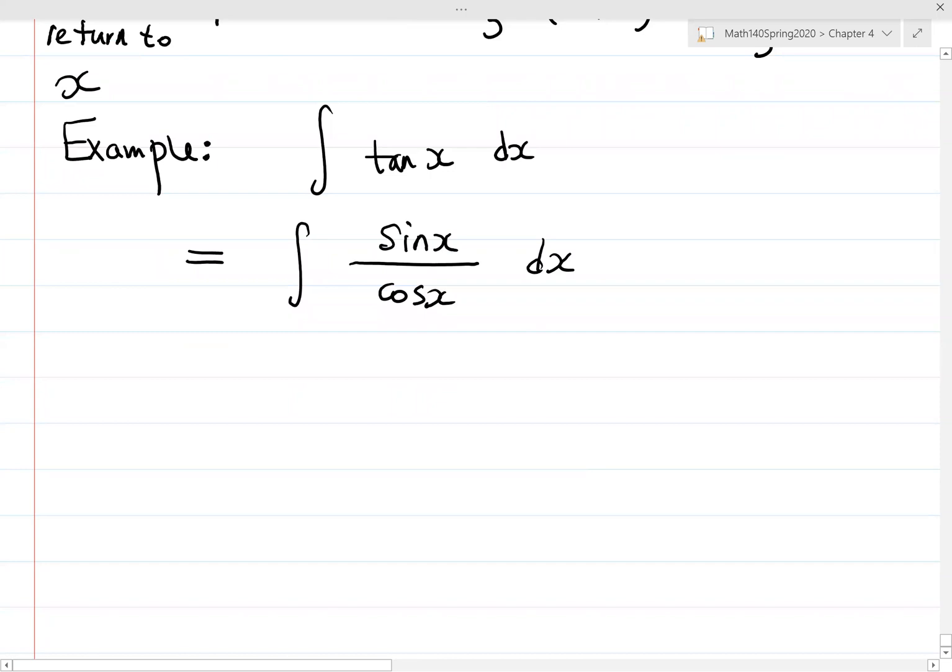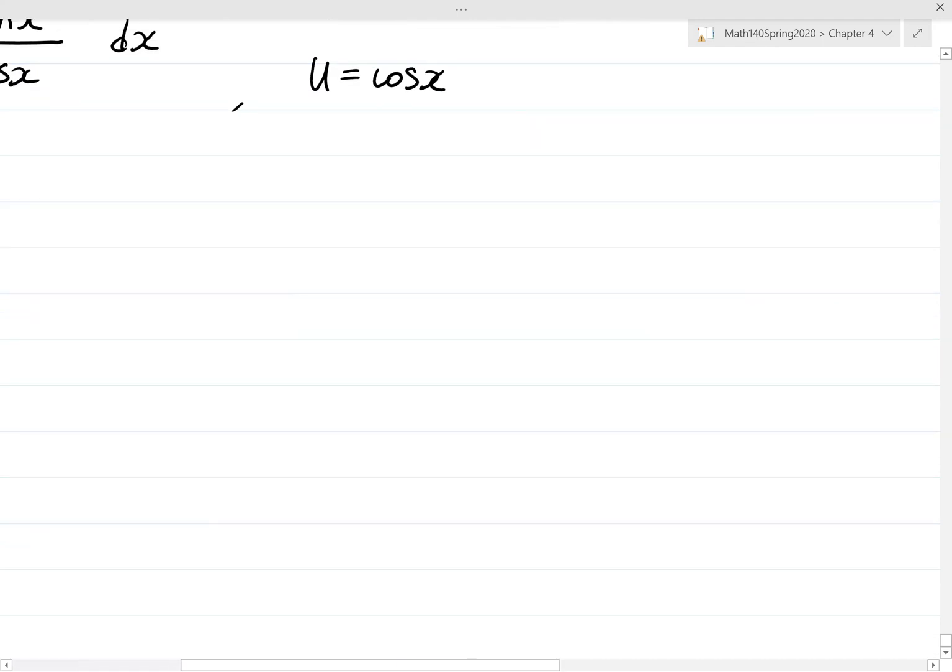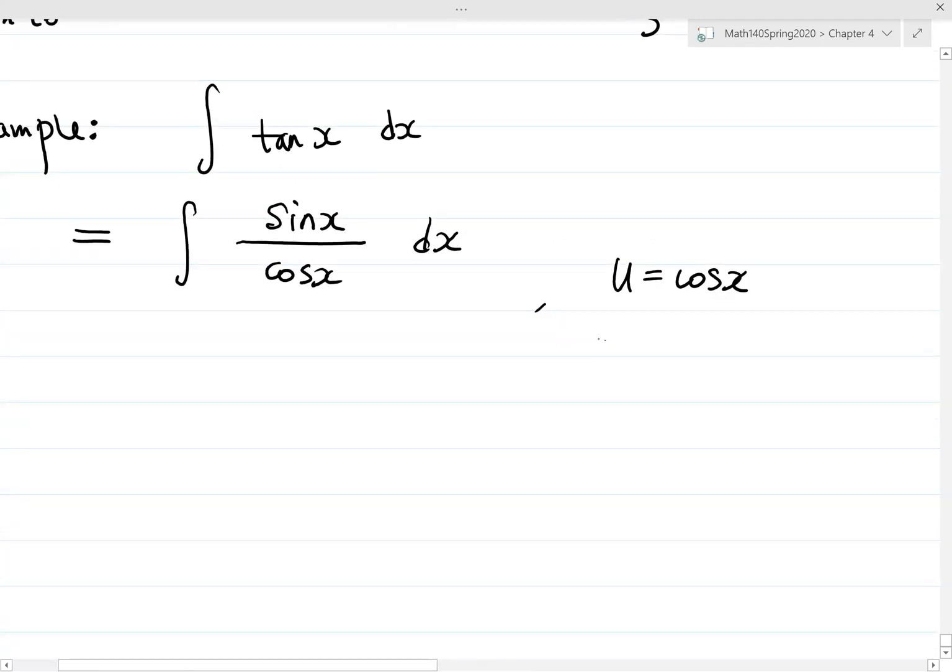So we let u be cosine x. Now what is du? Du over dx, take the derivative of cosine, what do we get? Negative sine x.